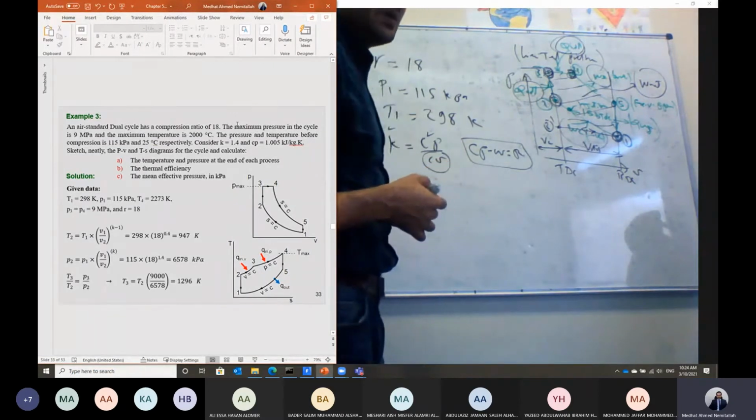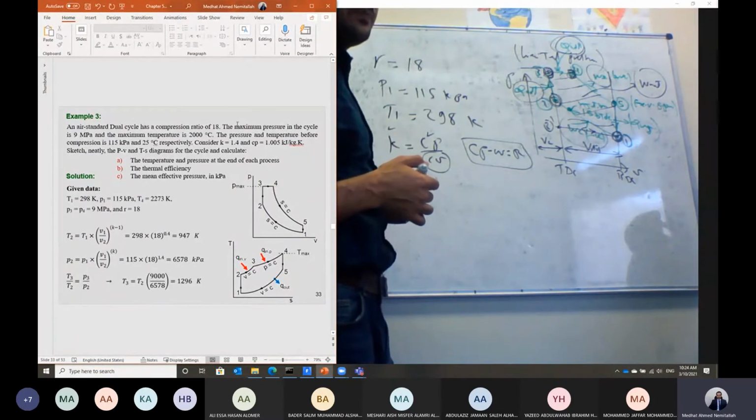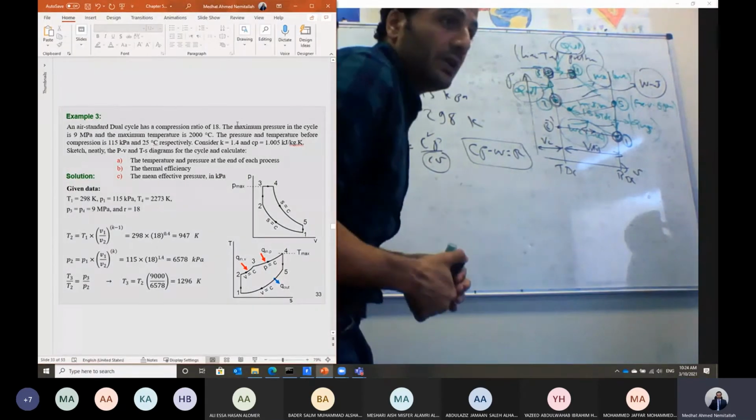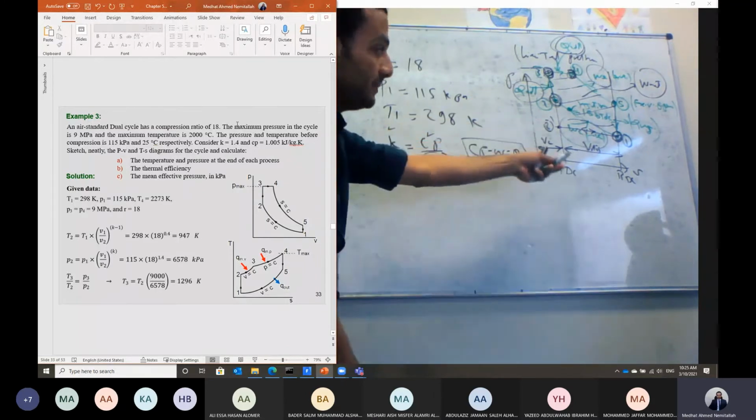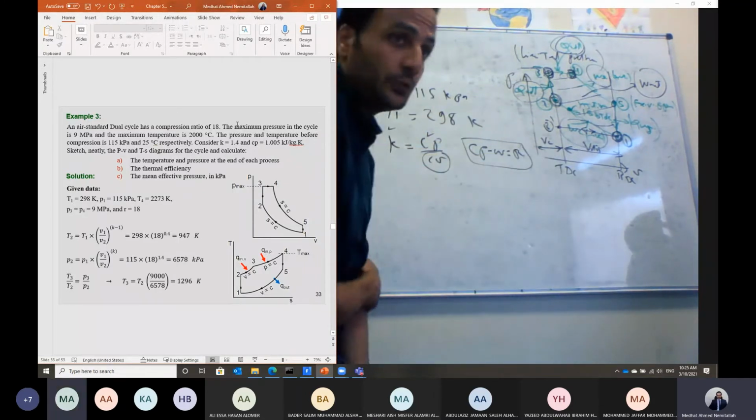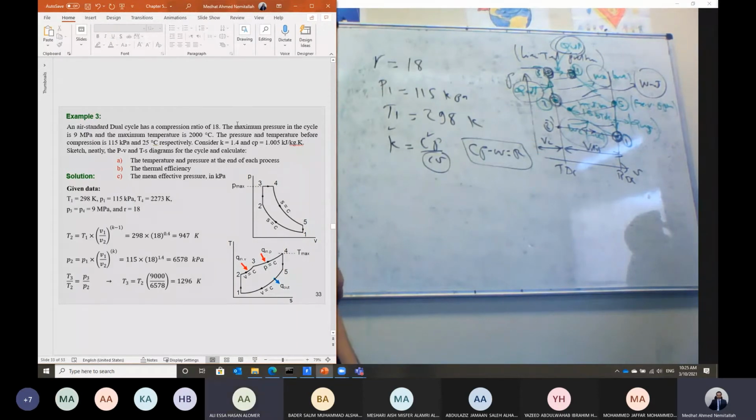But he said the maximum cycle pressure and temperature are equal to 9 megapascal and 2000 degrees Celsius. At which point, guys, should we have the maximum cycle pressure and temperature? Is it 3, before, at the middle of combustion, or after the combustion? This is the PV diagram, right, guys? So P3 is the same as P4. 4, Doctor.